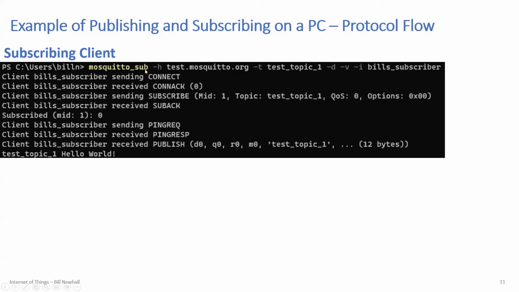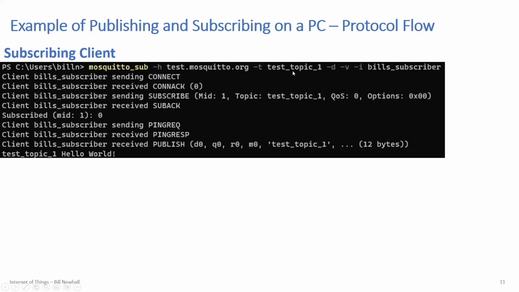To subscribe, I used mosquitto_sub -h test.mosquitto.org. That's a public broker out there that's run by the Mosquitto organization. You can just use it when it's up for testing. And I specified a topic with -t.